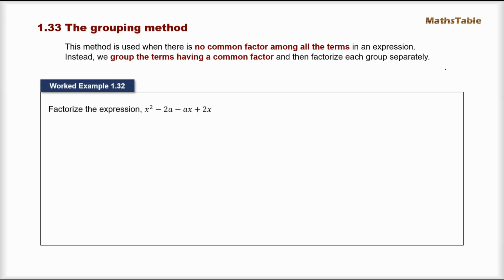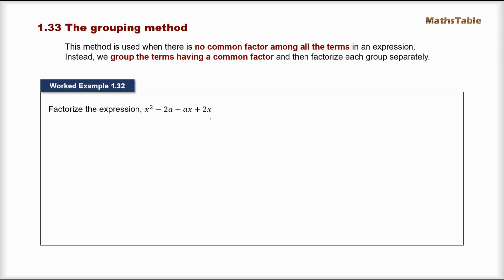Just like in this example, we have x squared minus 2a minus ax plus 2x. If we look carefully, there is no single number or single variable which can be taken out as a highest common factor from all of these four terms. So the first method, the common factor method, cannot be applied in this case.